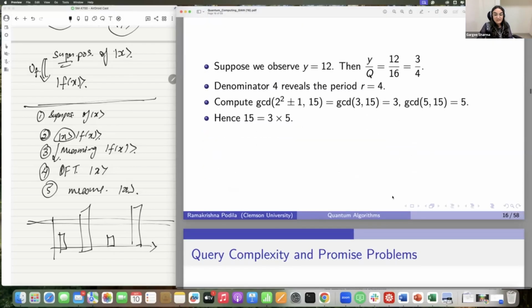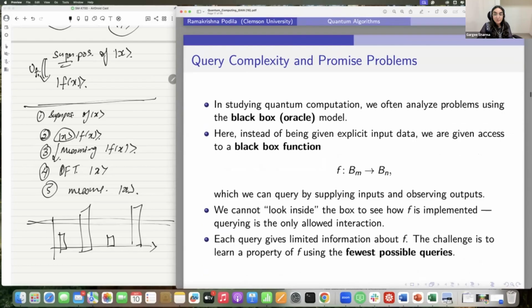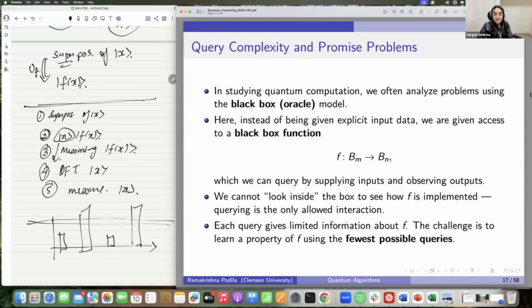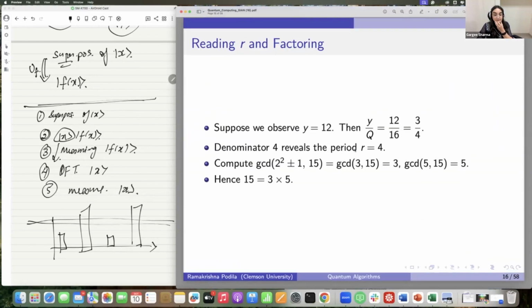Okay, so this basically shows Shor's algorithm, and this now will be put in a more formal setting that will be done by Professor Ram after this. But I would like to pause here and ask if there are any questions on Shor's algorithm.